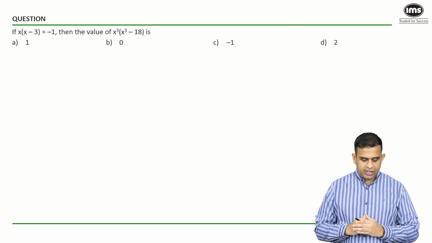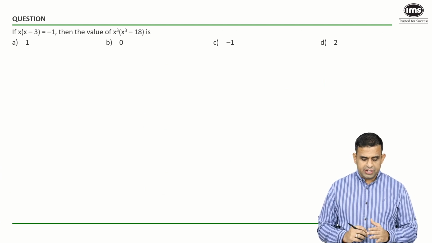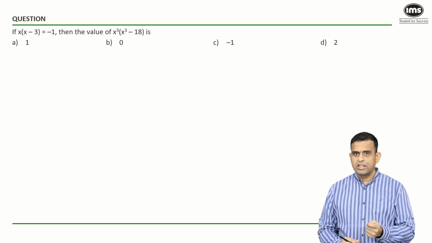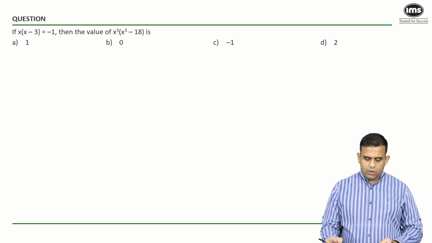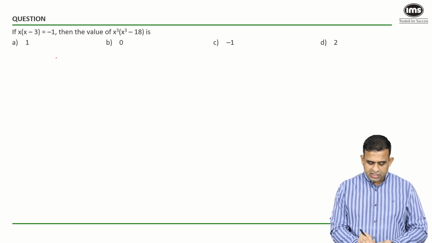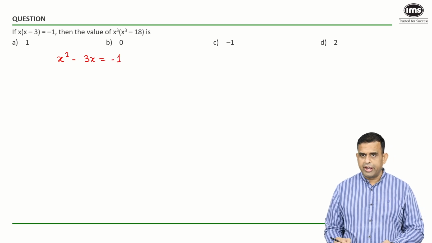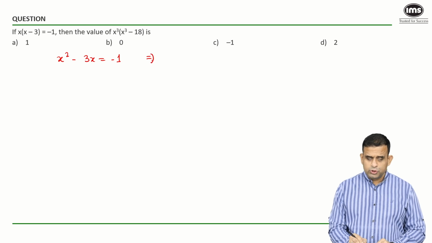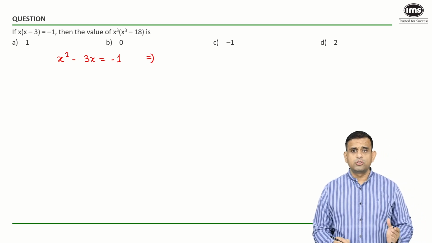In the next sum they have given, if x into x minus 3 is equal to -1, then find the value of x cube into x cube minus 18. Now what we can do in this case is, if I multiply the left hand side, I get x square minus 3x is equal to -1. And then if I divide by x throughout, please note that I know that x is not equal to 0.